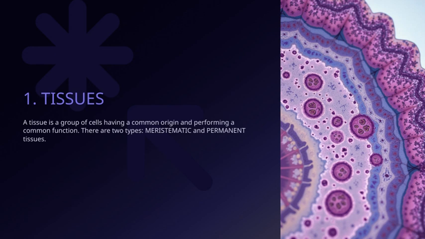On the other hand, permanent tissues are more specialized. They have finished dividing and now perform specific functions like transporting nutrients or providing support. Understanding these two types helps us see how plants grow and maintain their structure. It's a fundamental concept that ties into the overall theme of plant biology and how plants develop and adapt.